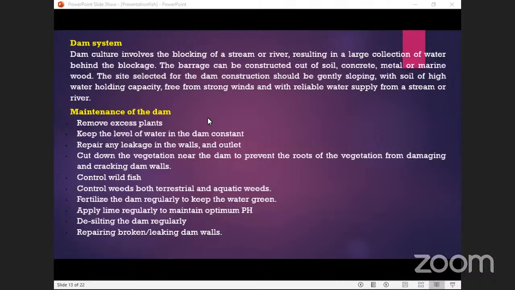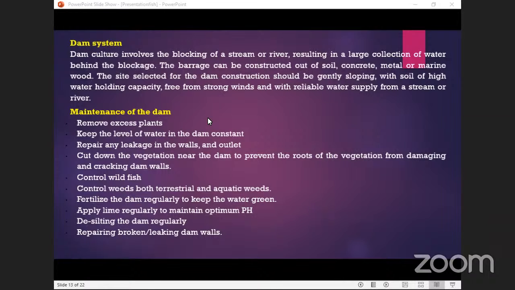How do you maintain the dam after constructing it? Since a dam is created when a running source of water like a river is blocked, that water collects. How do you maintain that water there? Remove excess plants which are around and within. Keep the level of water in the dam constant.